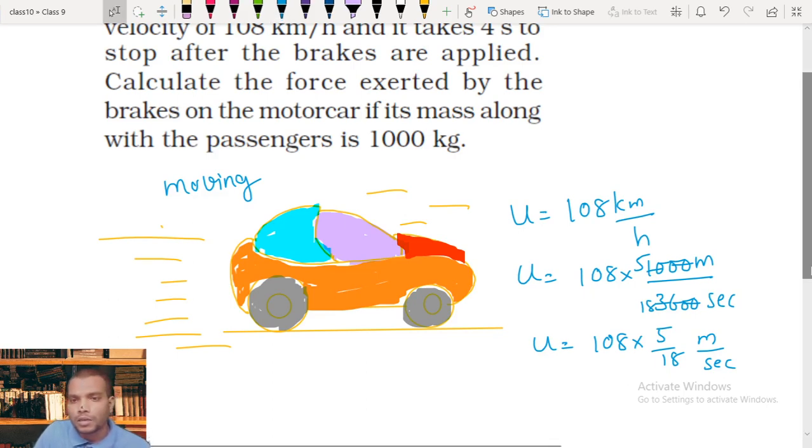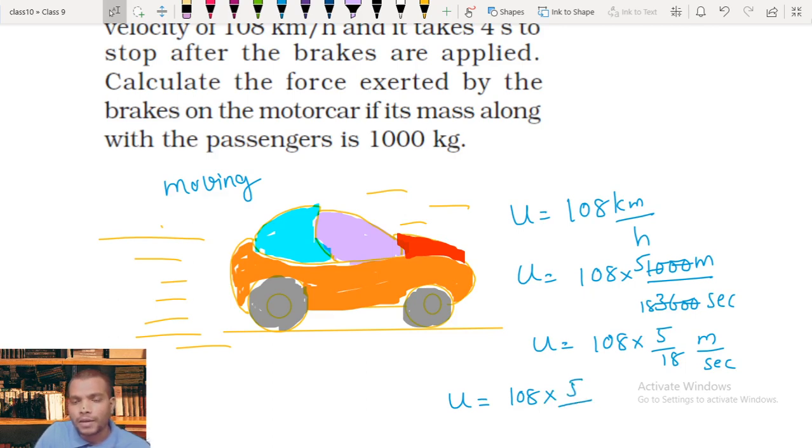Now for the initial velocity in terms of meter per second, 108 times 5 by 18. We try to cancel: 9 table, 1 nines are 9 and 2 nines are 18, and 6 times 5.